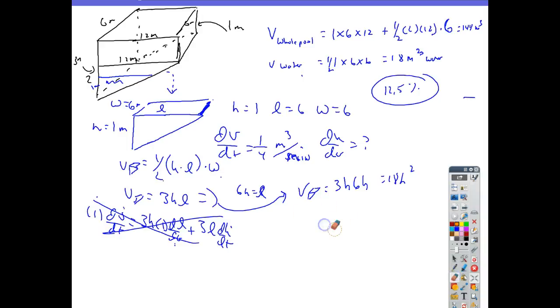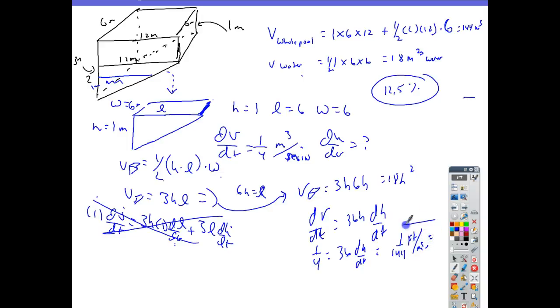So dV/dt will be equal to 36h dh/dt. So that gives me 1/4 equals 36 dh/dt, or 1 over 144 meters per minute.